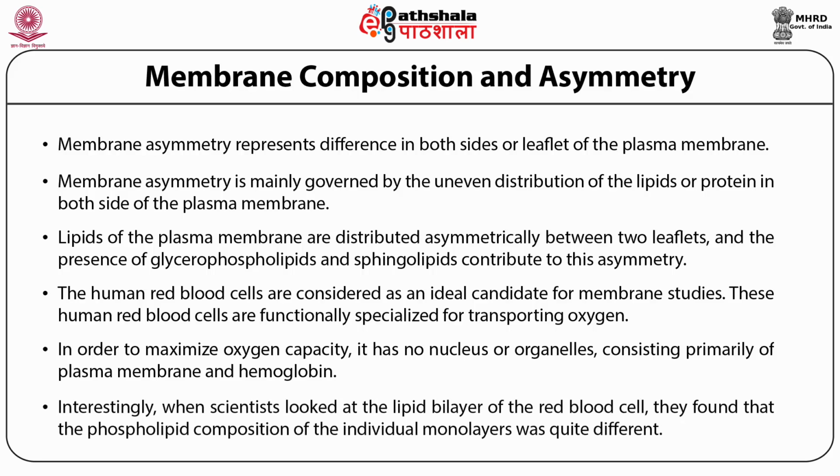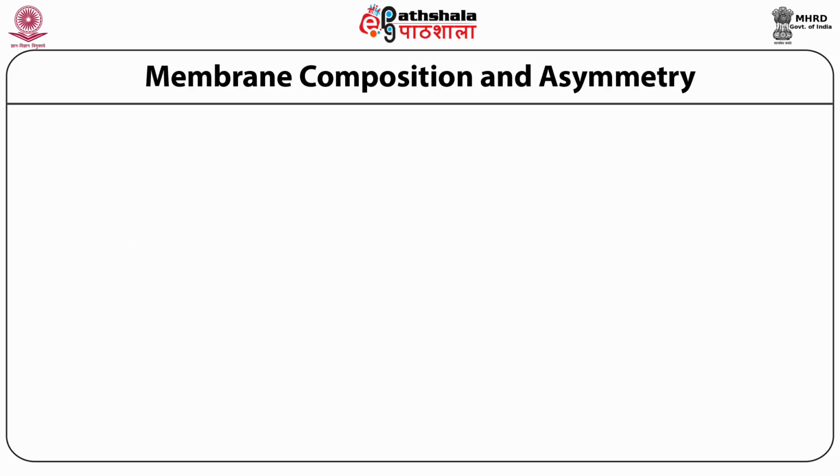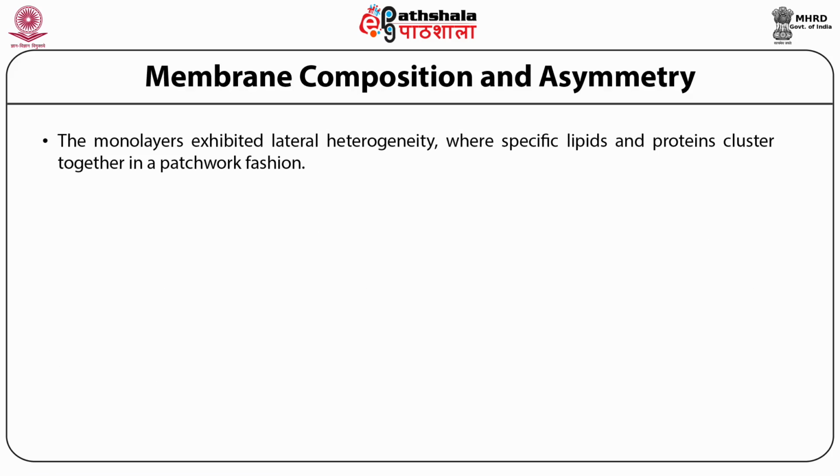Interestingly, when scientists looked at the lipid bilayer of the RBC, they found that the phospholipid composition of the individual monolayers is quite different. That means the phospholipids present in the outer leaflet of the plasma membrane are different from those in the inner leaflet. The monolayers exhibit lateral heterogeneity, where specific lipids and proteins cluster together in a patchwork fashion.